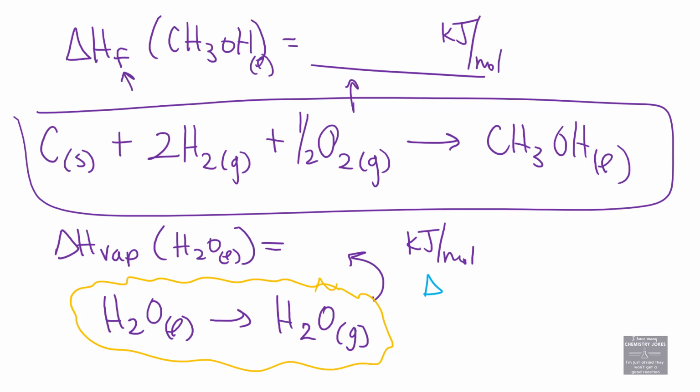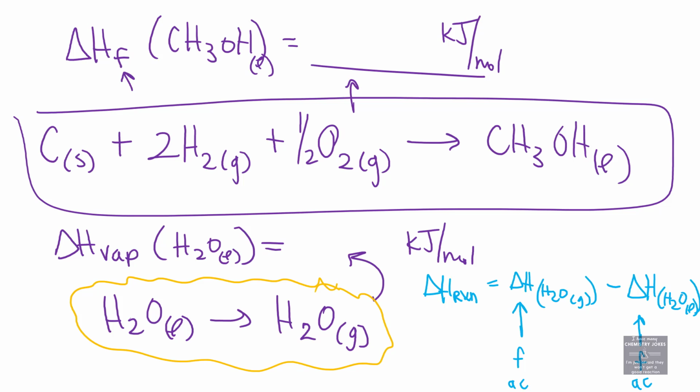There we go. Delta H of the reaction is enthalpy of the products, so enthalpy of H2O gas, minus delta H of the reactants, so that's enthalpy of H2O liquid. It does not matter if these enthalpies are formation enthalpies or atom combination enthalpies.